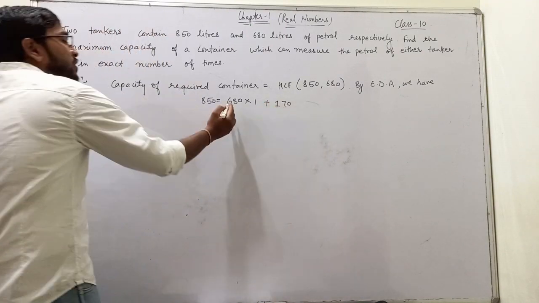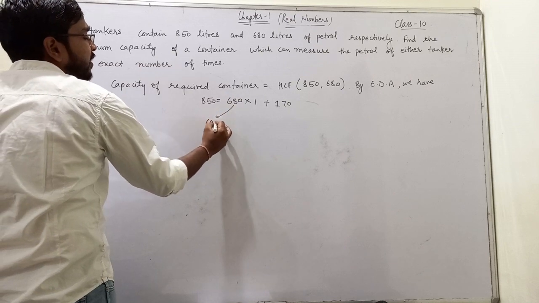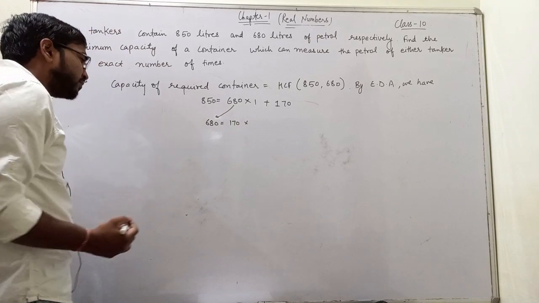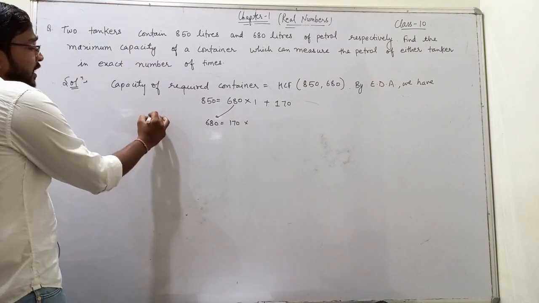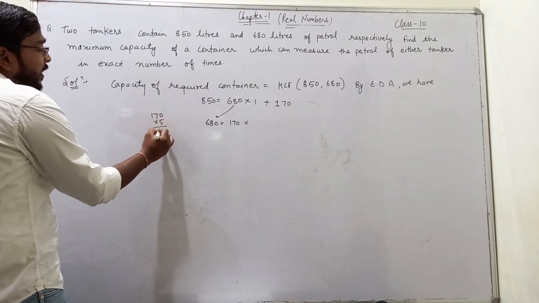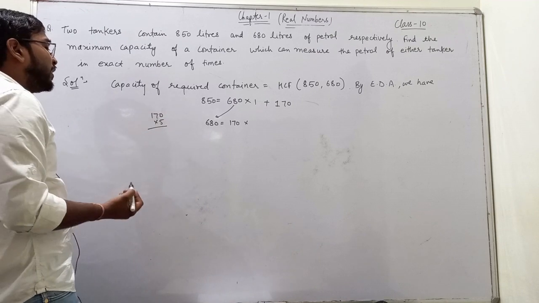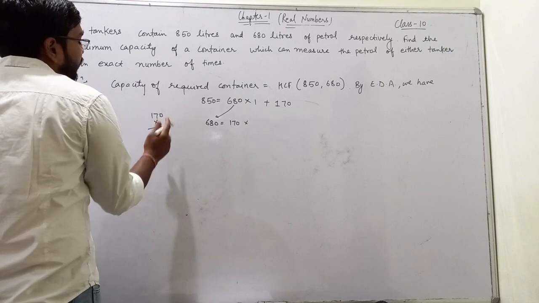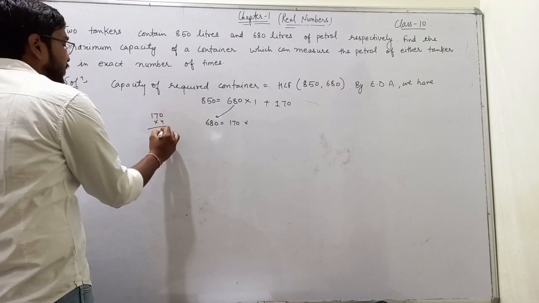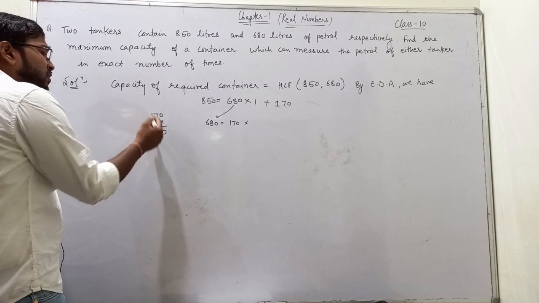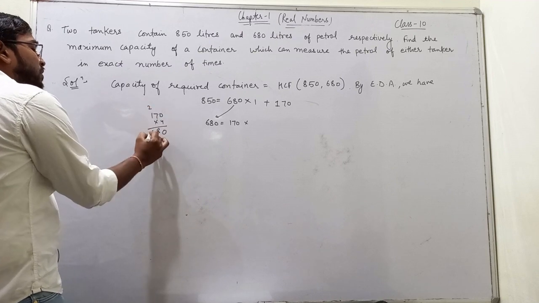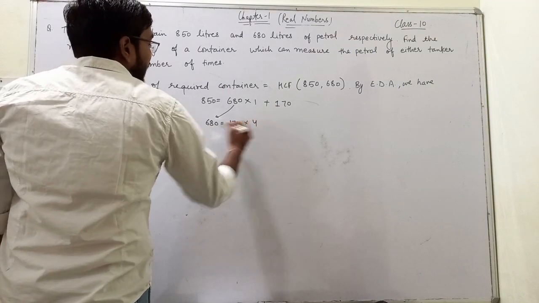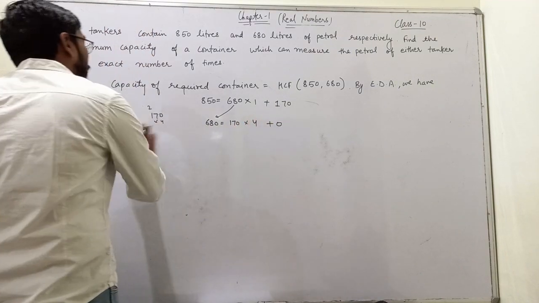So we will substitute 850 by 680 and 680 by 170. Now if I multiply 170 by 5, we will get a quantity which is far greater than 680. So I will multiply 170 by 4 and we get 680. So 170 times 4 is 680 and the remainder is 0.